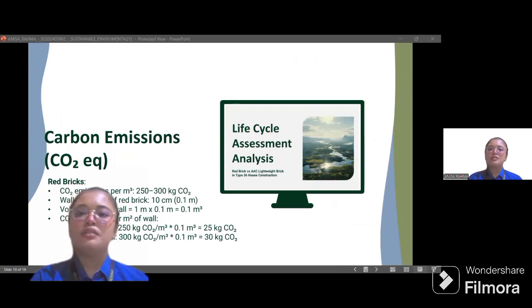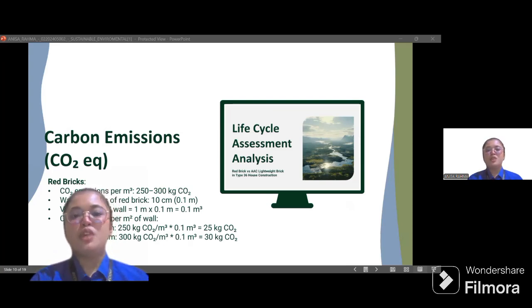CO2 emission is a key parameter commonly used to assess the environmental impact of a material or product. Carbon dioxide is the primary greenhouse gas that contributes to global climate change. Therefore, measuring and comparing the carbon dioxide emission generated by the two materials is crucial in determining which is more environmentally friendly.